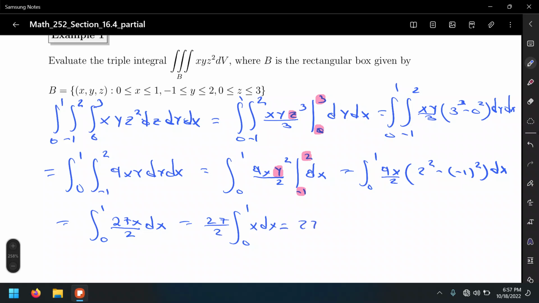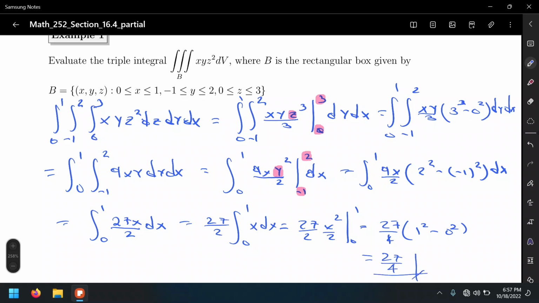So that's 27 over 2 times x squared over 2 from 0 to 1. That's 27 fourths times 1 squared minus 0 squared. That's simply 1 minus 0, which is just 1. 27 fourths is the value of this integral.